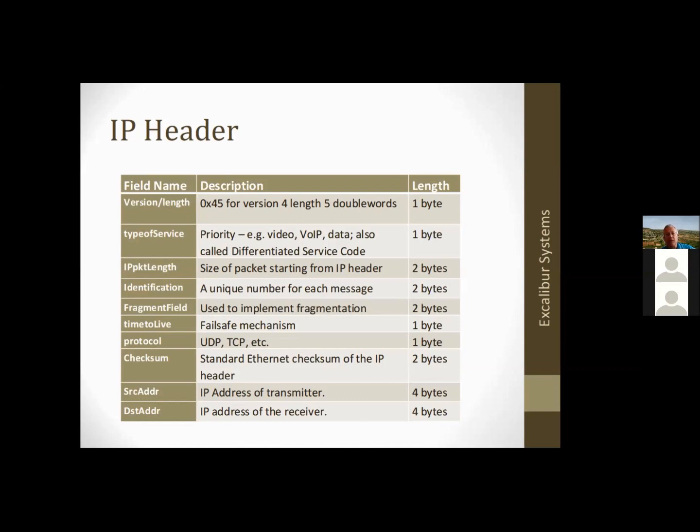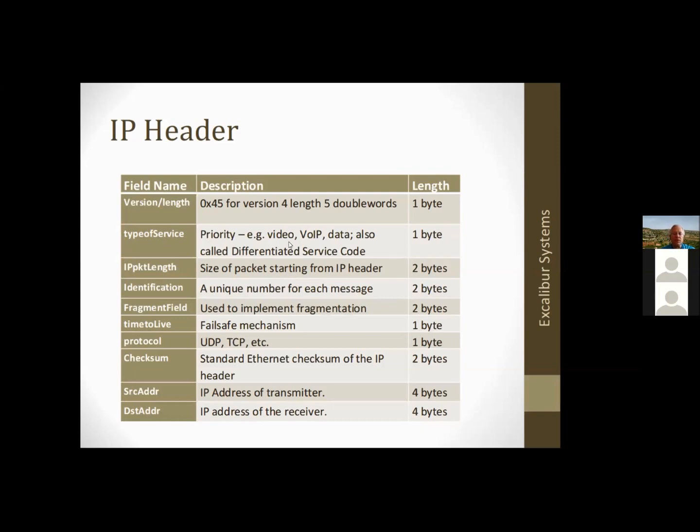So by adding another 2 bytes, that multiplies the number of addresses by another 65,000, and that should cover us for the foreseeable future. Although with the Internet of Things, we will probably get there eventually too, because now every Coke machine has its own IP address.